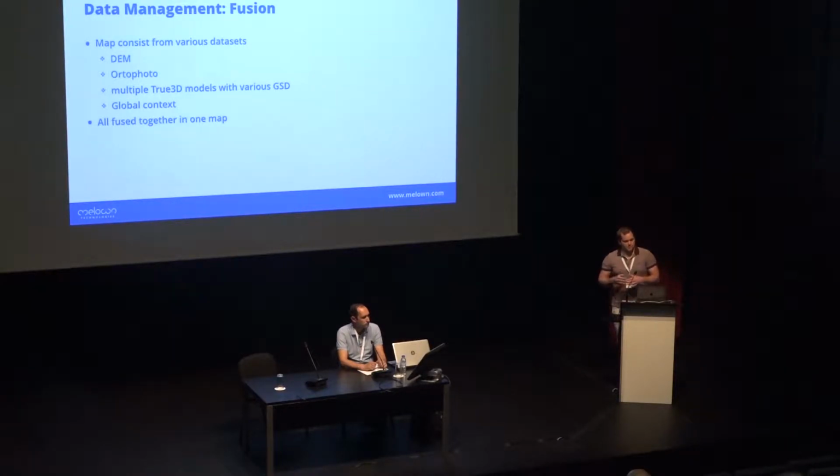As I mentioned before, there are extra VHR areas with 12.5 centimeters per pixel, and major cities with 10 centimeters per pixel. And of course, there are vector data with labels and features. VTS is able to fuse those data sets together very smoothly.